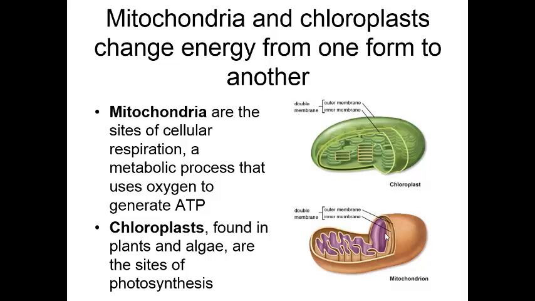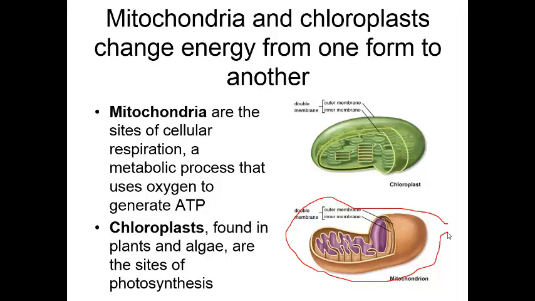Organic molecules are not actually a usable energy source within the cell. Cells can only use ATP to power their chemical reactions. The mitochondria that you see right here is the organelle used to produce all the ATP within the cell with the use or in the presence of oxygen.